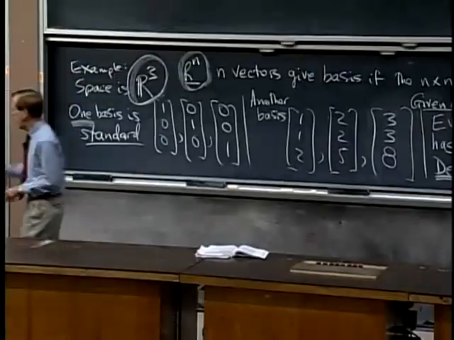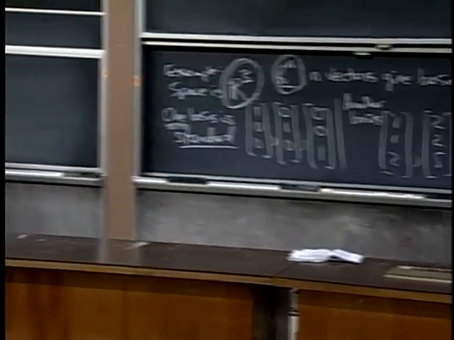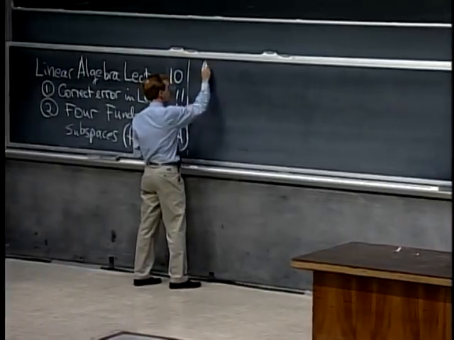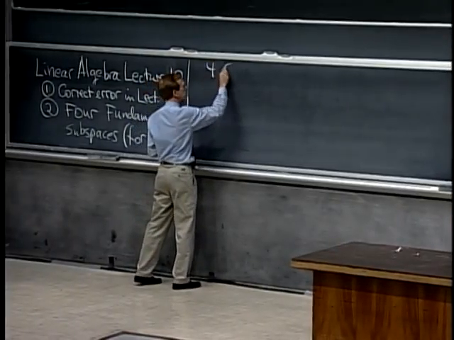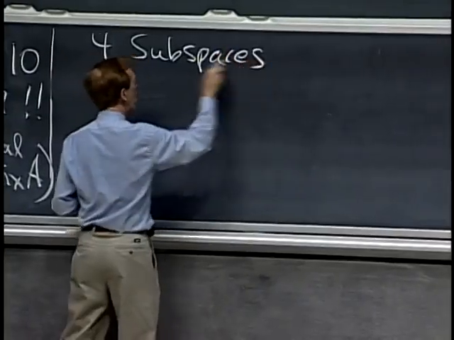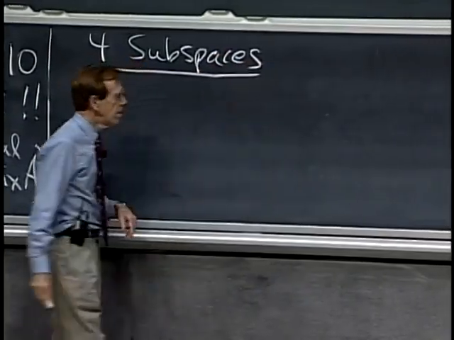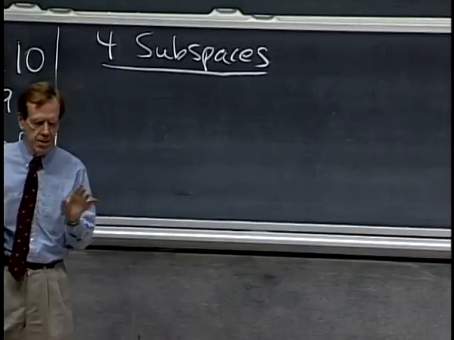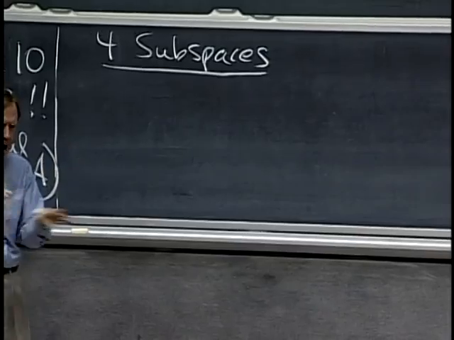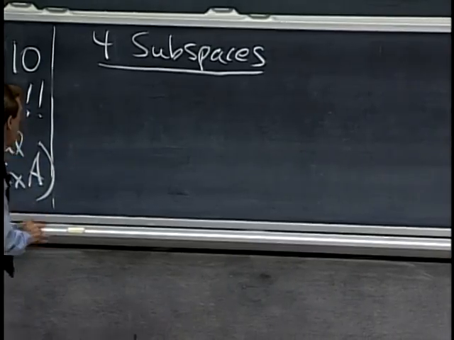Okay, so now let me pin down these 4 fundamental subspaces. So here are the 4 fundamental subspaces. This is really the heart of this approach to linear algebra, to see these 4 subspaces, how they're related. So what are they?